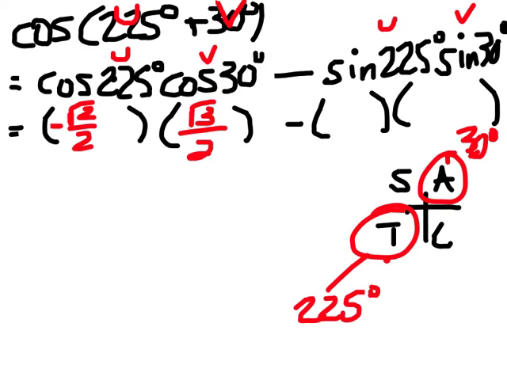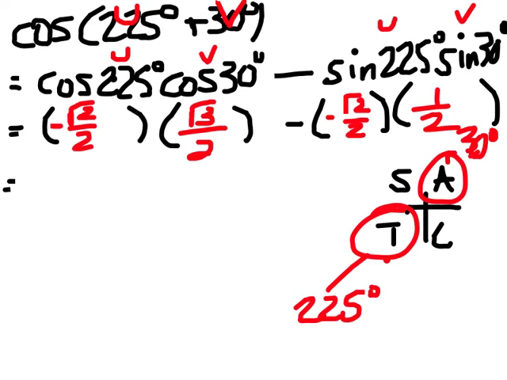Got my subtraction sign. Sine of 225 is negative square root of 2 over 2 again. At least this is the second time we've looked at some of these values, so it starts to be a little easier. And then the sine of 30 degrees is a half, okay?